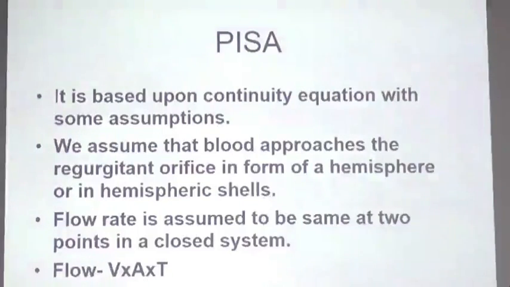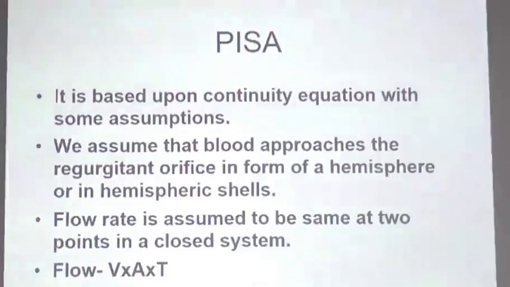Now, what is the concept behind PISA, or what you call proximal isovelocity surface area? Concept is same what we have read yesterday of the flow and of the continuity equation.